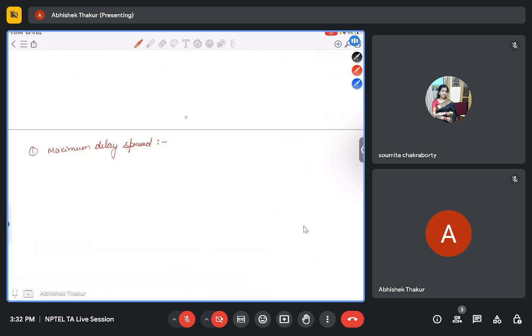So maximum delay spread is given as the delay of the lth multipath component minus the first multipath component.